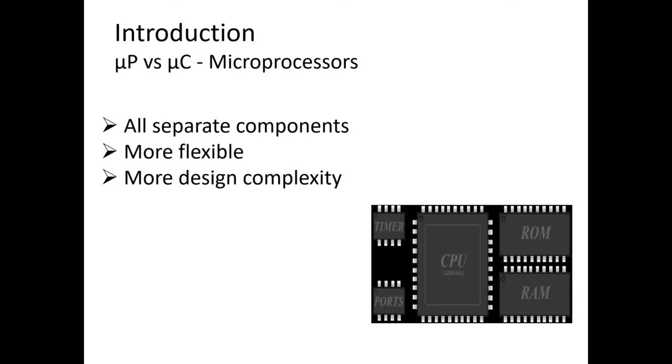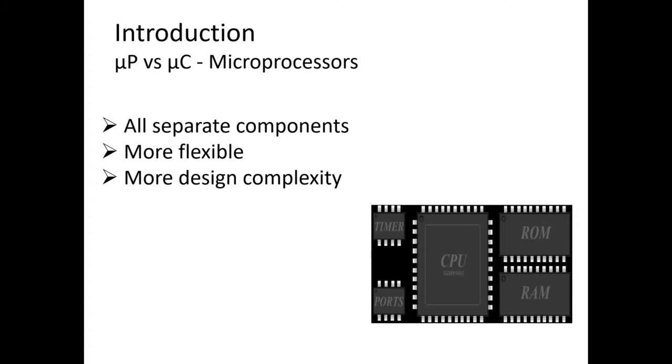Now the microprocessor and the microcontroller have some parts we need to compare. All separate components are required in a microprocessor because there is a large amount of peripherals, so we are unable to install them on a single chip.